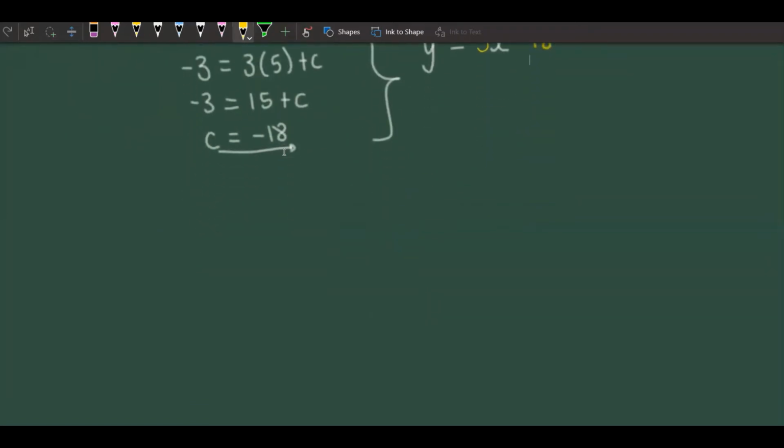This one we weren't given 2 points, but we were given that it is parallel. The line is parallel to y is equal to 2x plus 1, and it goes through (-3, -4). Because it's parallel to this line, we know that it has the same gradient.